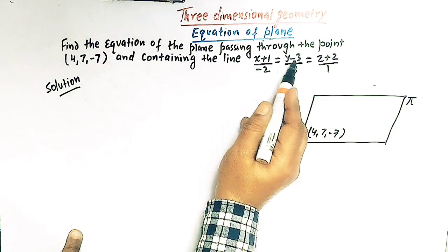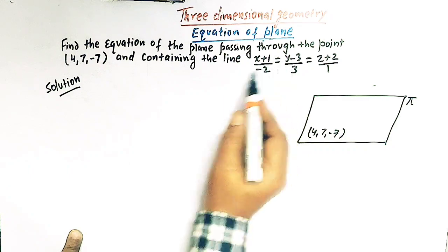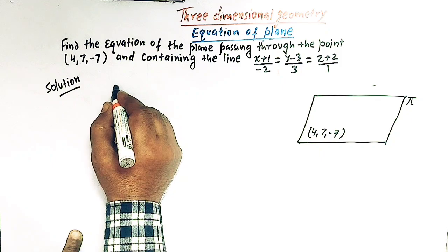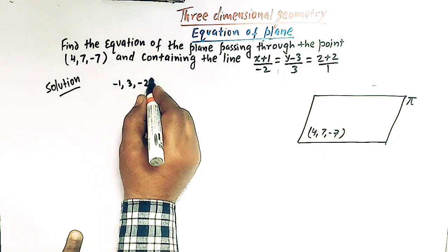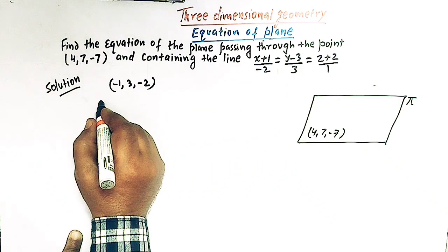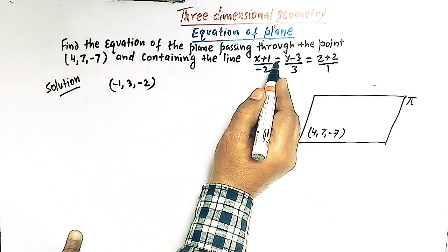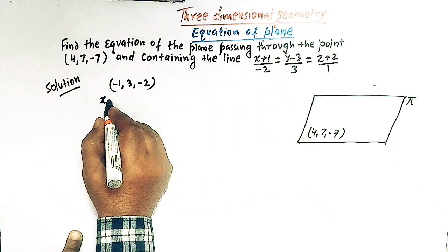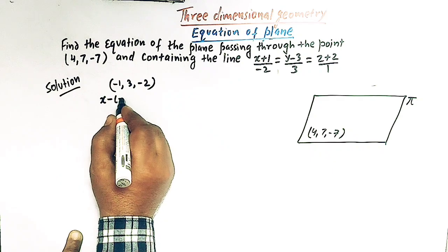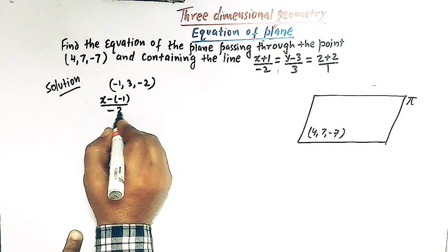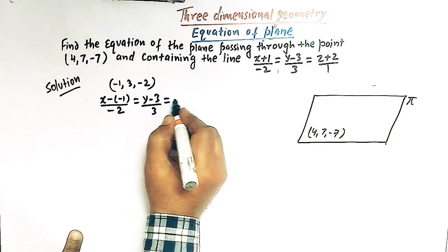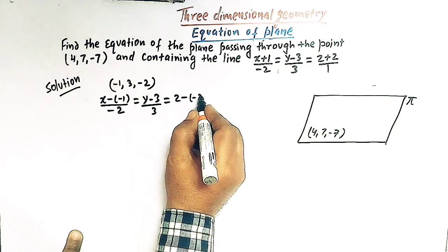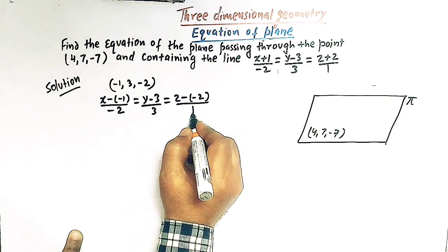Now see, this line passes through the point minus 1, 3 and minus 2, because here we can write the equation of the line like this, that is (x minus minus 1)/minus 2, (y minus 3)/3, and (z minus minus 2)/1.